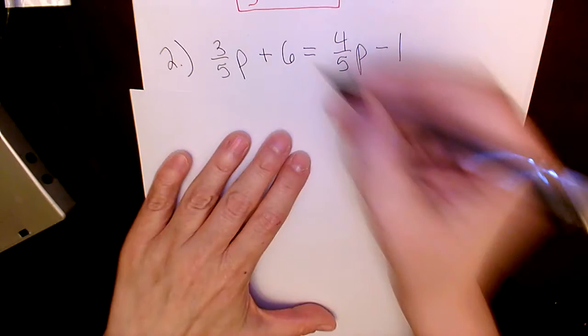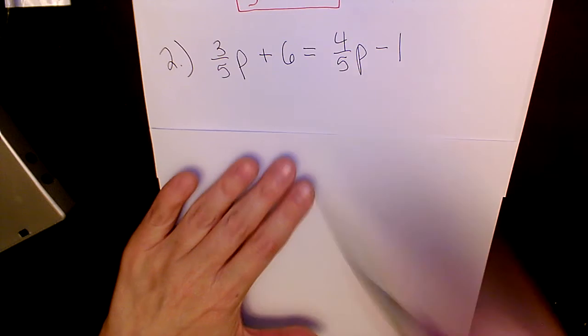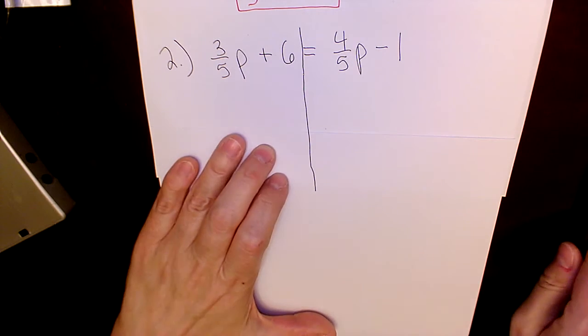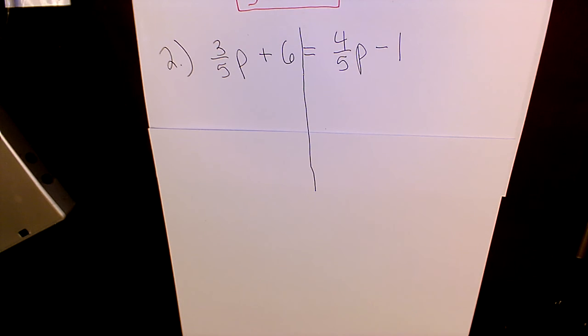Okay, I'm going to draw the line down the middle by the equal sign. Now we've got p's on both sides and numbers on both sides. We can start with numbers or we can start with p's. It doesn't matter. And you know me, I like to start with the letters or the variables.